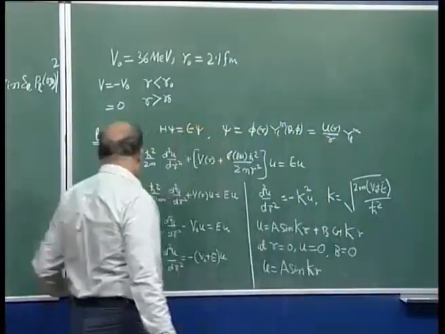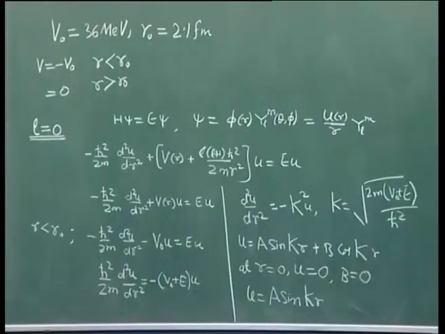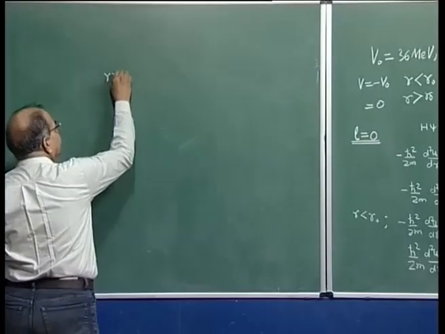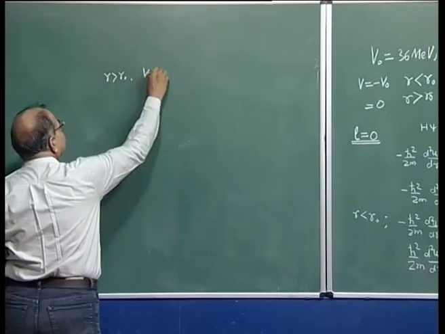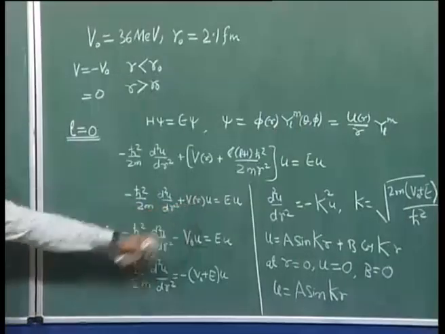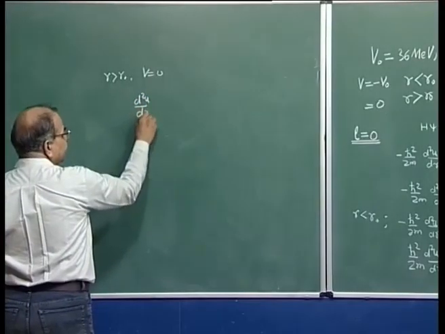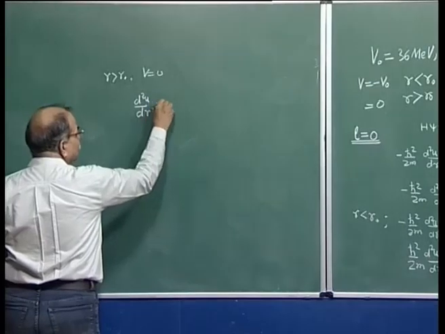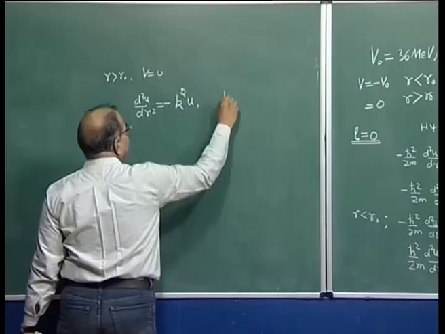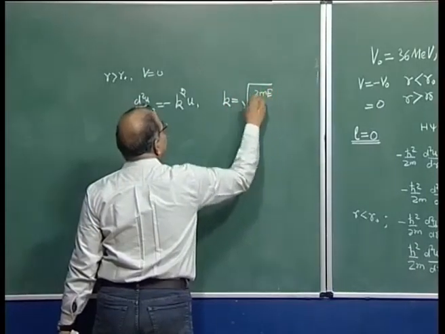And for the other region, r greater than r naught, what happens? V is 0, the potential is 0. So, you have d2u dr square is equal to minus small k square u, where small k is the square root of 2mE over h cross square.